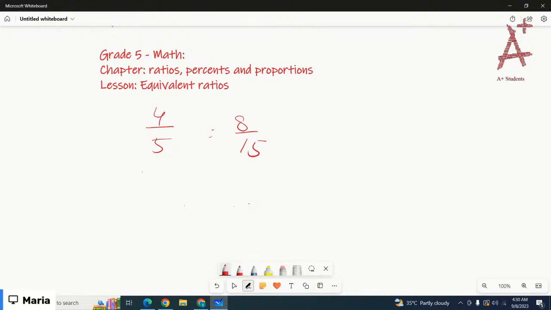The correct option is no, they are not equivalent, right? Very good. No, they are not equivalent.